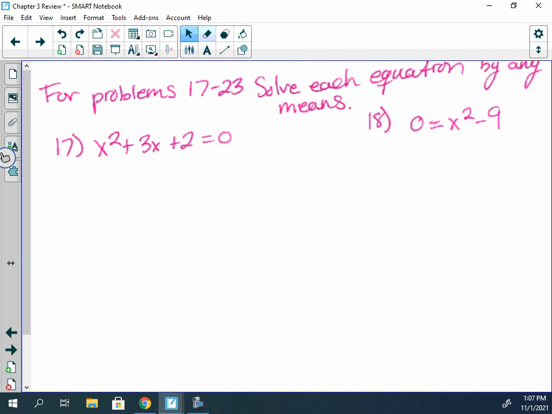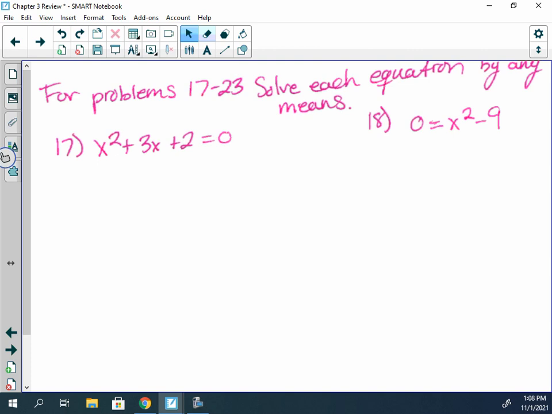We also wrote it down right now. We had completing the square, we had the square root method. We also had graphing.